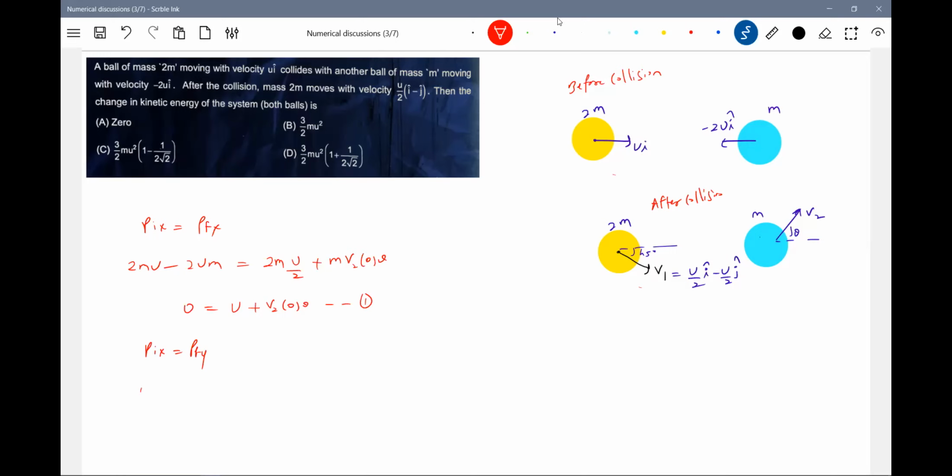Initial momentum along the y-axis is 0. Final momentum must be 0. So that should be equal to mv2 sine theta minus 2m u by 2. Therefore v2 sine theta is equal to u. Squaring and adding these two, we'll get v2, then we'll get theta. Then we'll check the change in kinetic energy of the system.